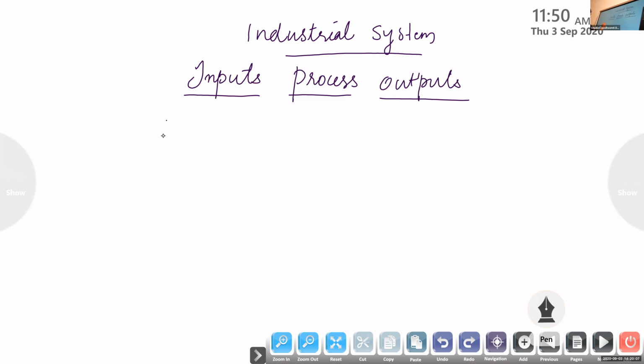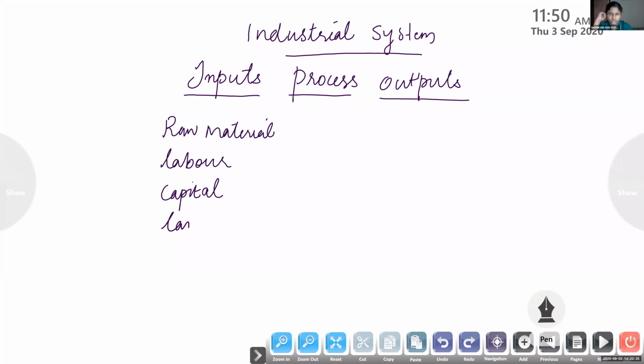Raw materials are the important input. Labor, cost of land, capital, transport. All those are the inputs of the industrial system.